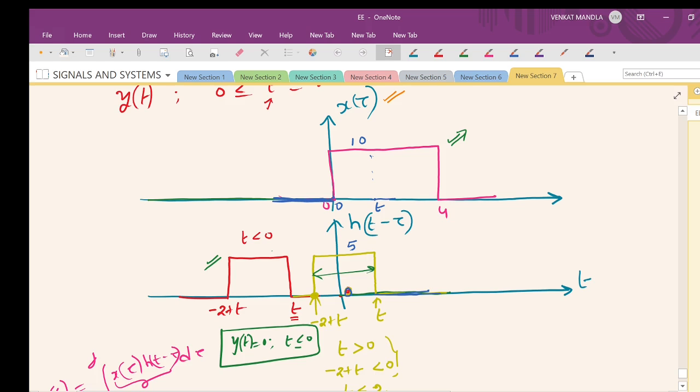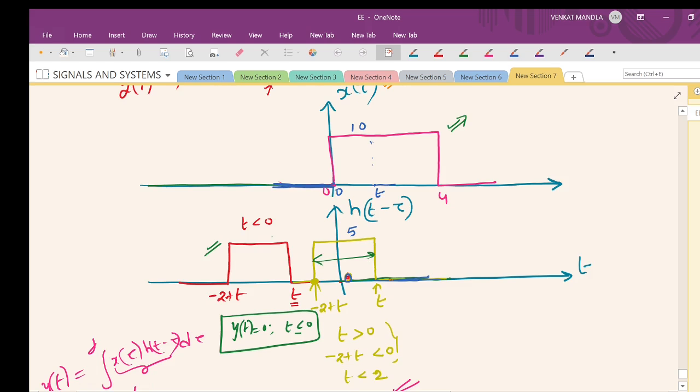So its total width should be in between minus 2 plus t and t. Okay, otherwise you can write here itself, like this. This point is minus 2 plus t and this is t.